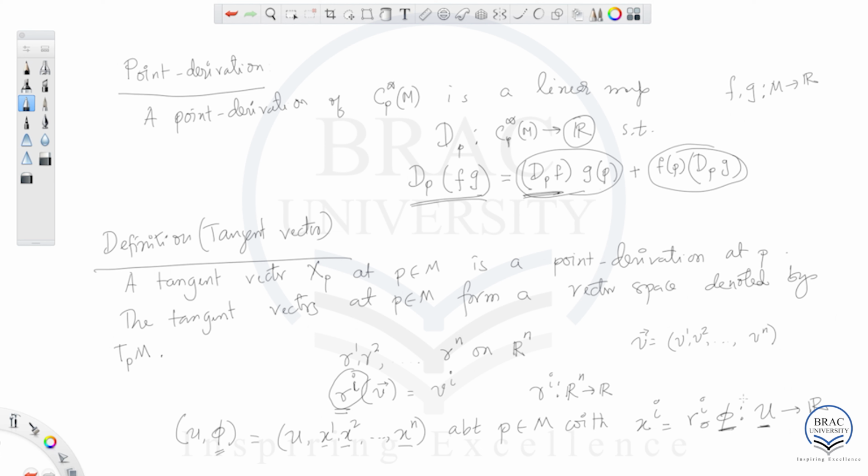Then when that vector is acted upon by r^i, we end up with a real number.